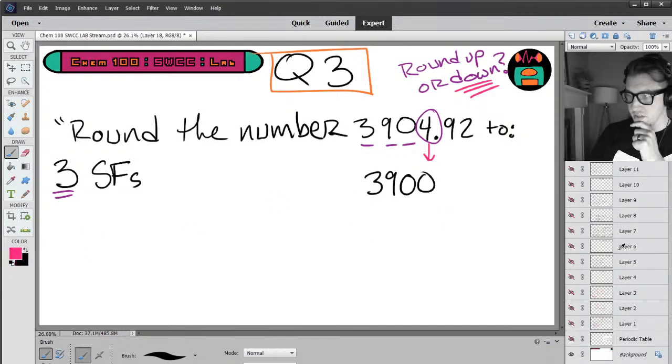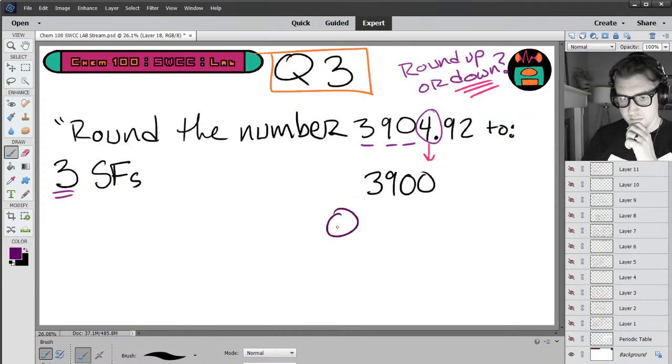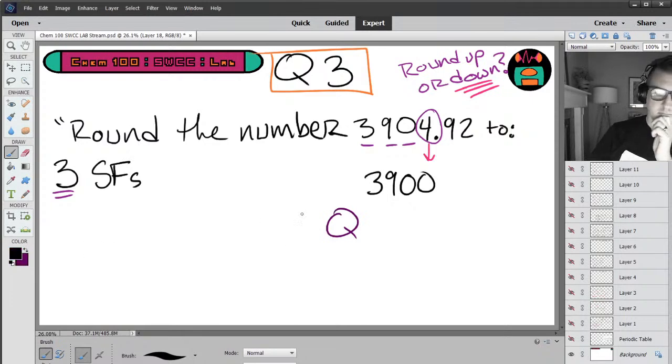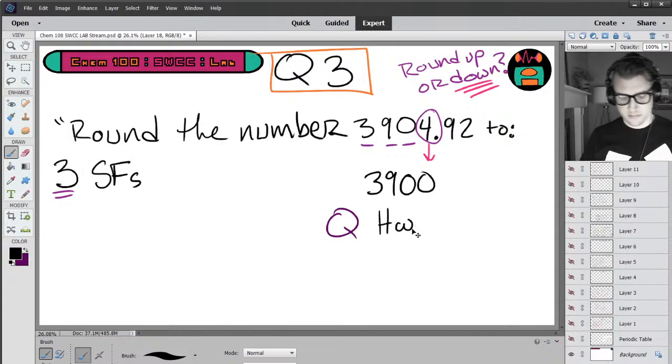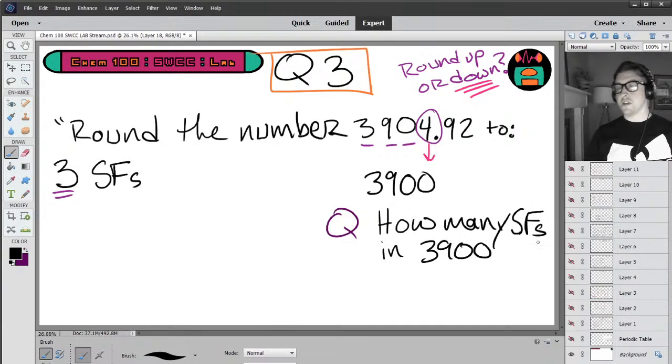Let's ask a new question. How many sig figs are in the number 3,900?